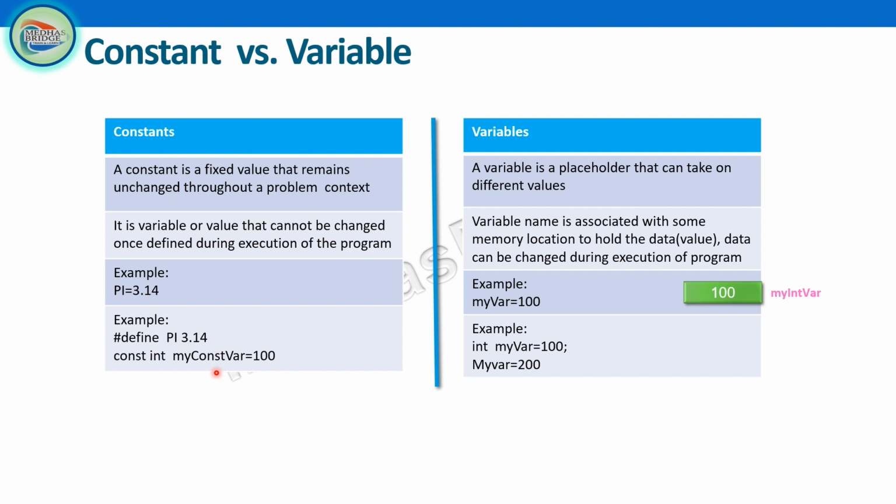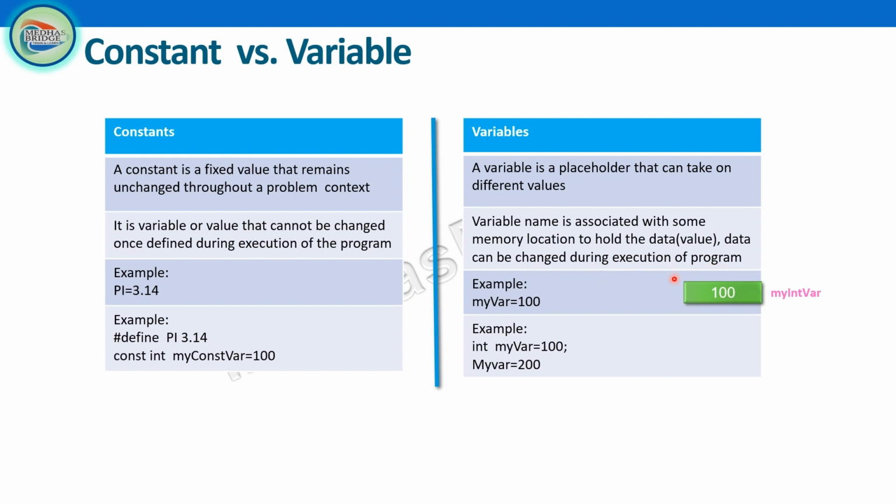Now let's look at variables. A variable is a placeholder, a memory placeholder that can take different values during the program execution. Let me reiterate. A variable name is associated with some memory location to hold data. The data can be changed during execution of the program.